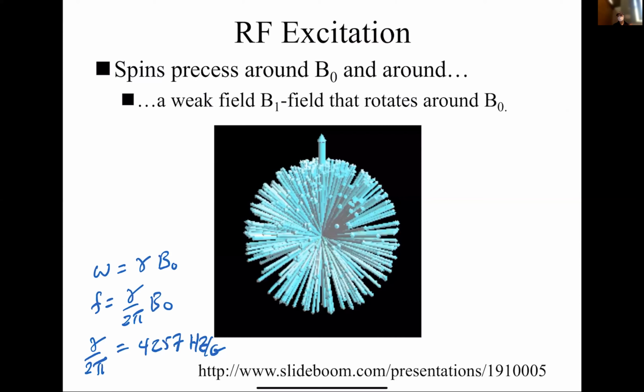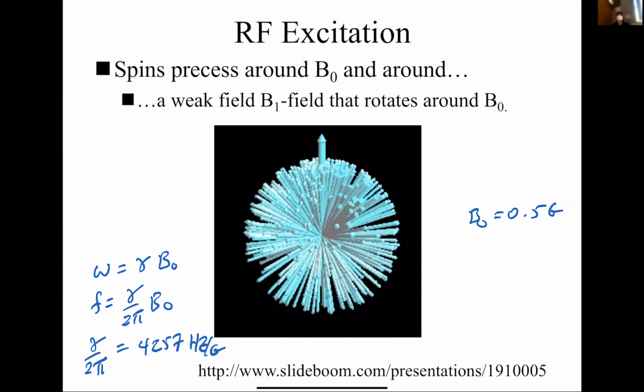So for example, in your pre-lecture quiz, it asked you what is the resonant frequency at the Earth's field. The Earth's field is approximately half a Gauss in San Diego. Has anyone gone and measured the field yet? Anybody? No? Okay, you did, great.